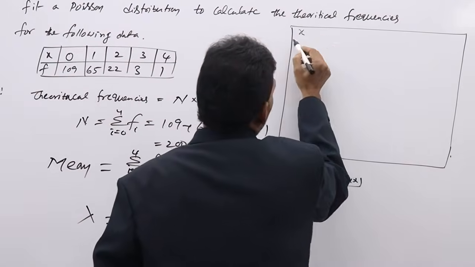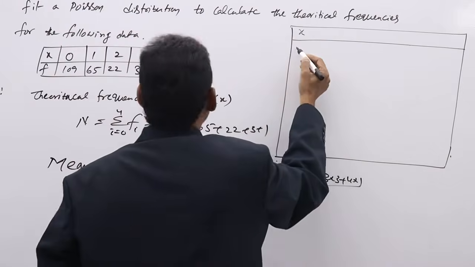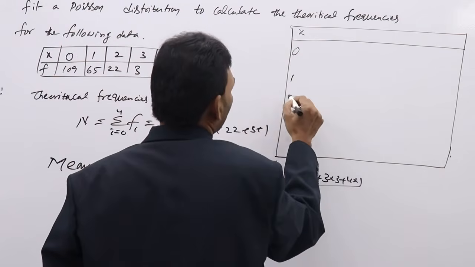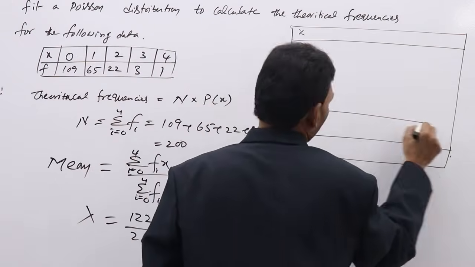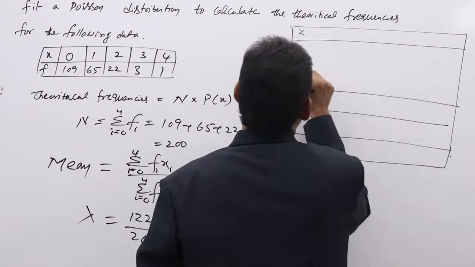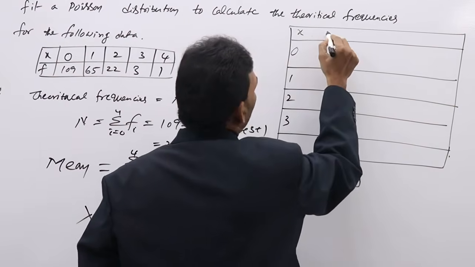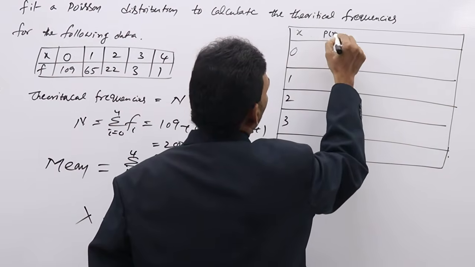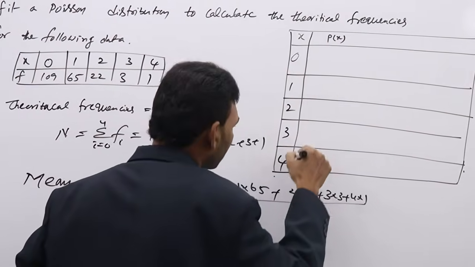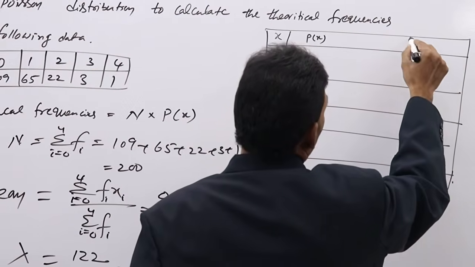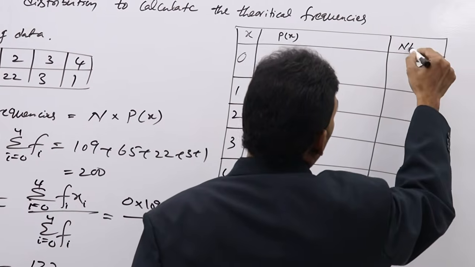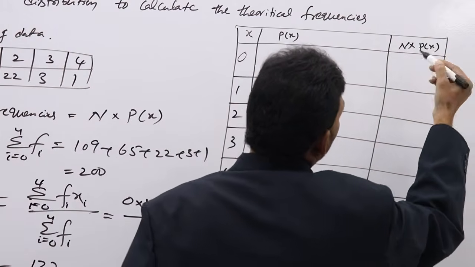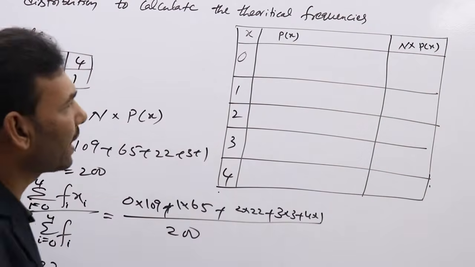Taking x values which are given, 0, 1, 2, 3, 4, finding their corresponding probabilities and multiplying that probability value with N, which is the theoretical frequency.